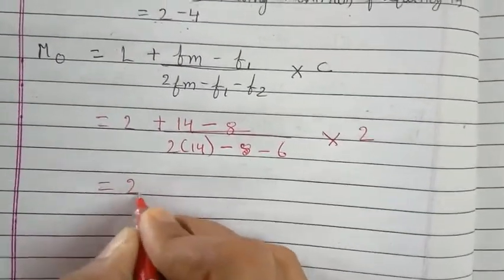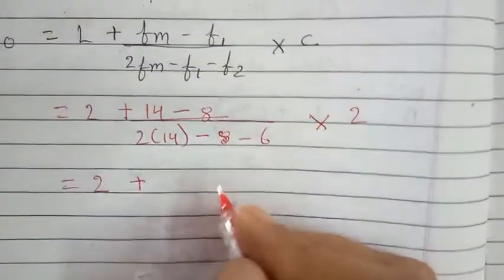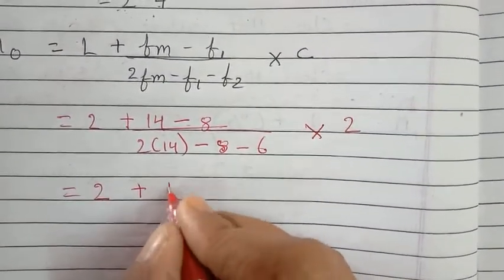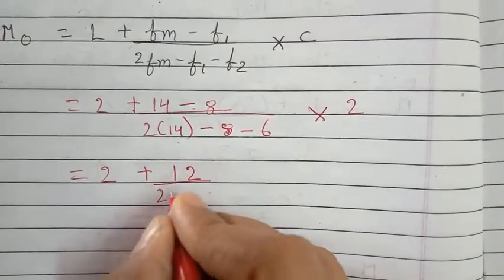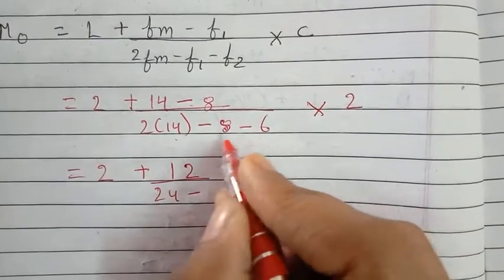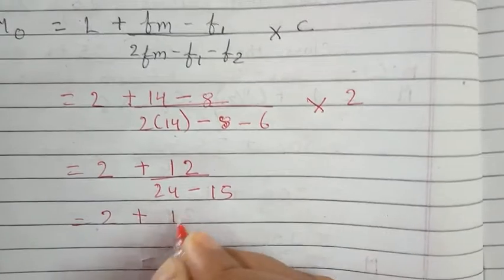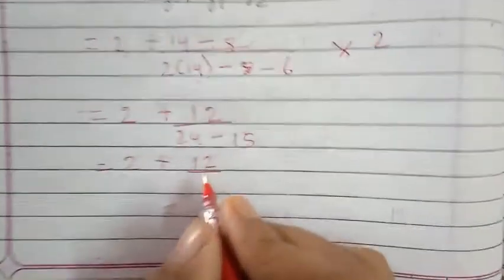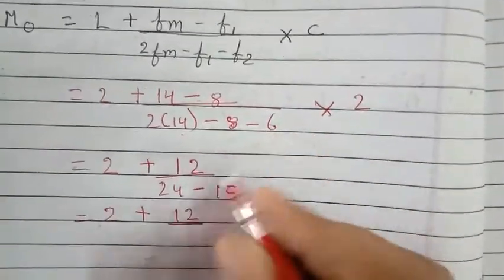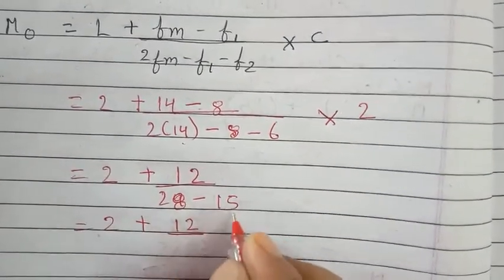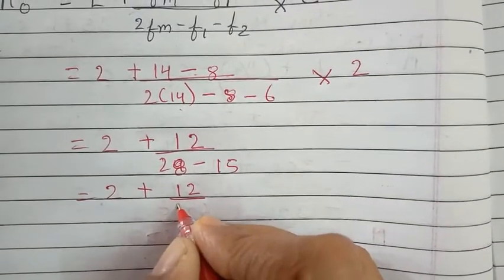That is equal to 2 plus 14 minus 8 is 6, and 6 into 2 is 12, divided by 2 into 14, 28, minus 8 minus 6, so that is minus 14. So 2 plus 12 divided by 28 minus 14. Now 28 minus 14, the answer will come 14.